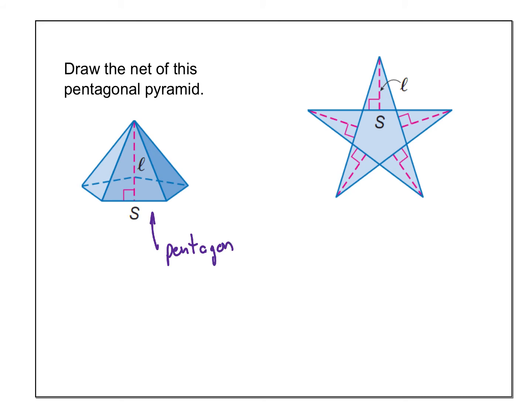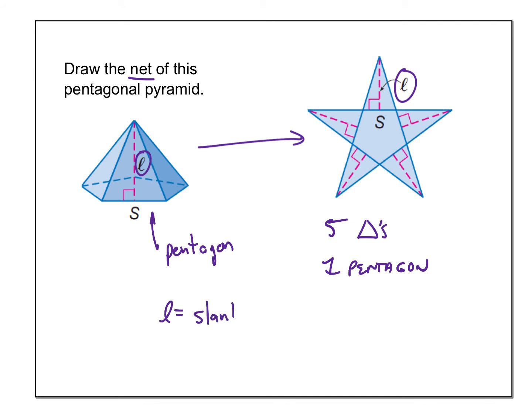If I unfold it and draw the net, I end up with 5 triangles and 1 pentagon. If you notice the cursive L here, it is short for slant height. My slant height is going to be represented by L, which is going to be useful.